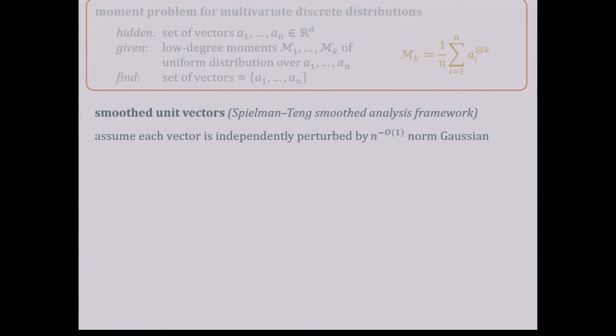The nice thing is that the amount of perturbation that we apply to the vectors is extremely small. If they are unit vectors, then we add a Gaussian of some inverse polynomial length, and this can be as small as you like.